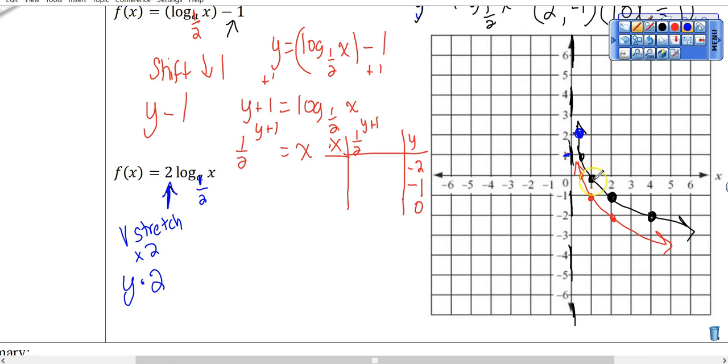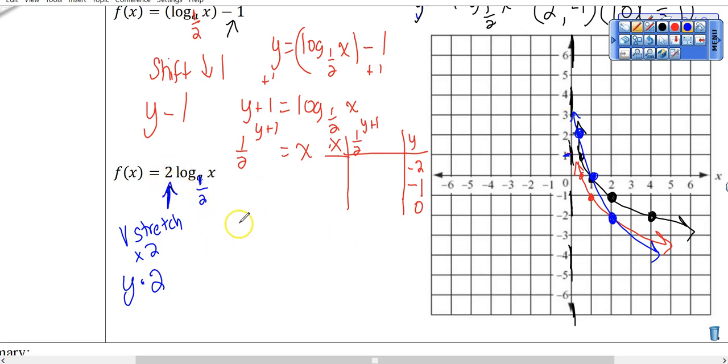Then I go to this point right here, 1, 0. My y is 0. 0 times 2 is 0. Then I take this point right here, 2, negative 1. My y is negative 1. Times 2 is negative 2. So this graph gets stretched vertically by a factor of 2, because that's what it's telling us to do.